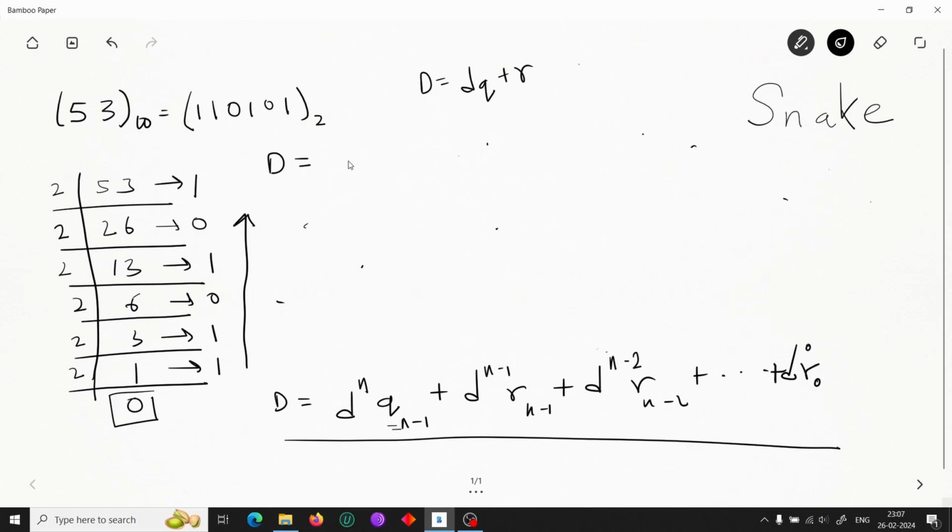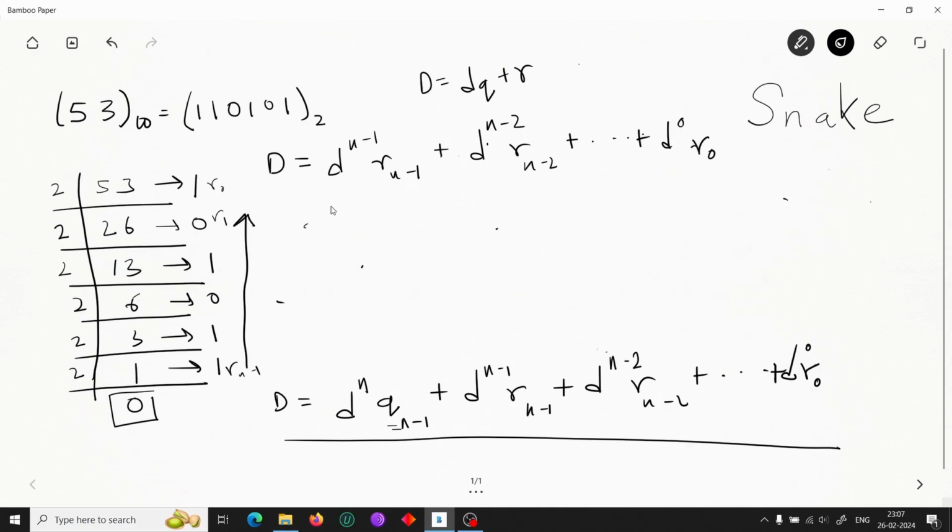We will basically see that it will attain the value d to the power n minus 1 r n minus 1 plus d to the power n minus 2 r n minus 2 plus dot dot dot d to the power 0 r0. Now here you see this is r0, r1 down to r n minus 1 basically.